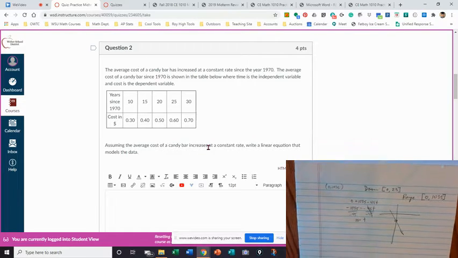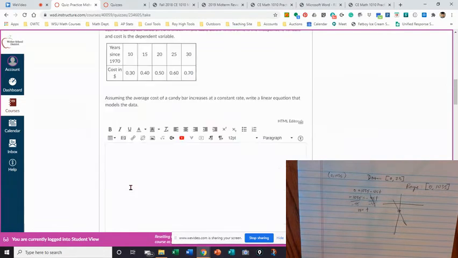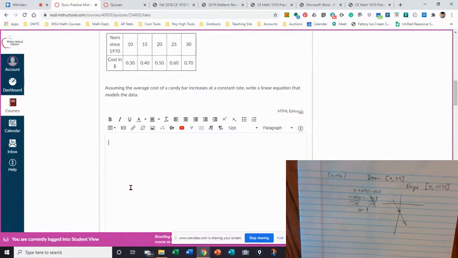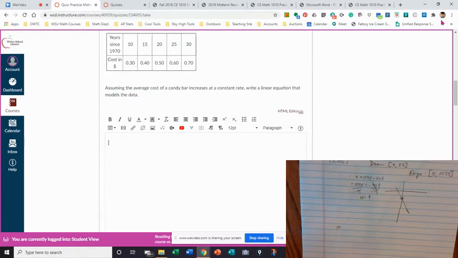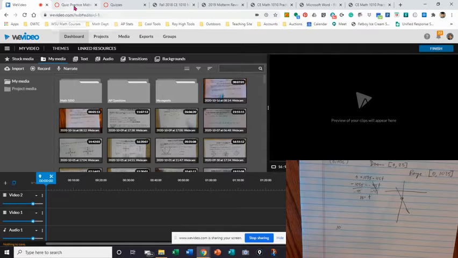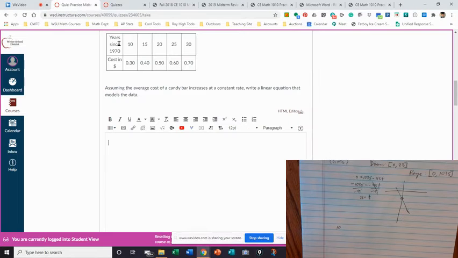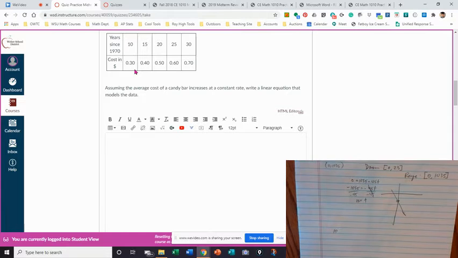On this one, guys, you're looking at finding the slope and y-intercept. So I'm just going to let 1970 be my year since 1970. It looks like I start with 10 and 30 cents, and then 15 and 40.